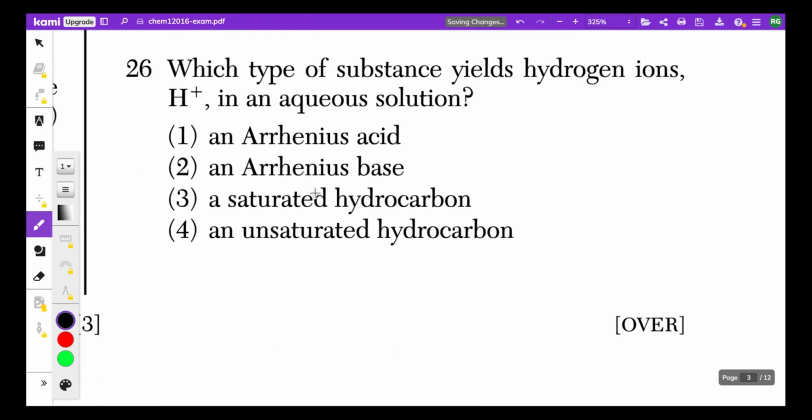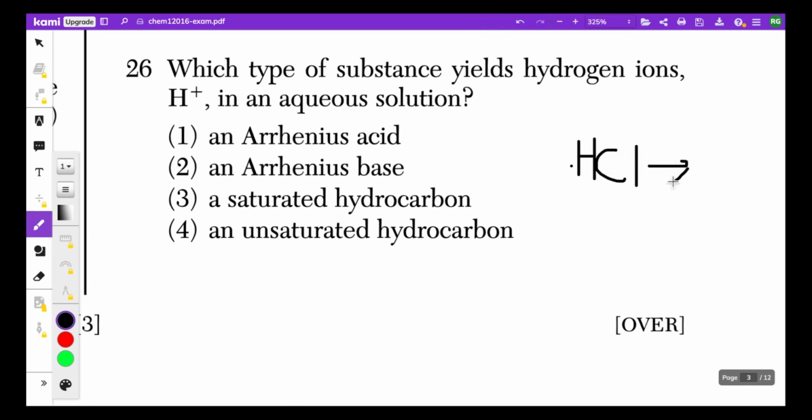What type of substance? Yeah, this one's also just a memorization problem. An Arrhenius acid is a substance, right? Let's say we have your stomach acid, HCl.